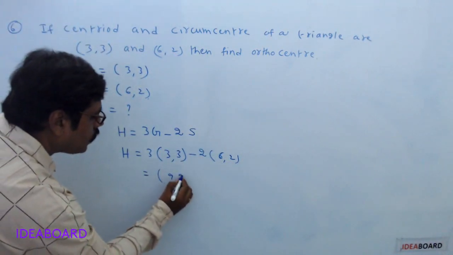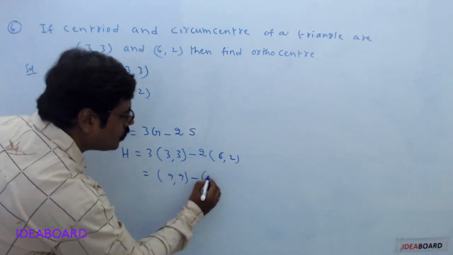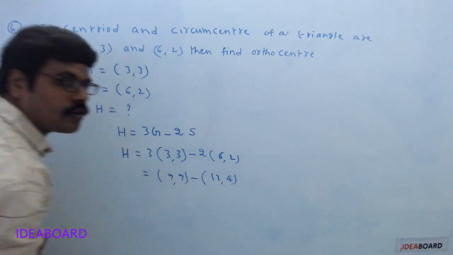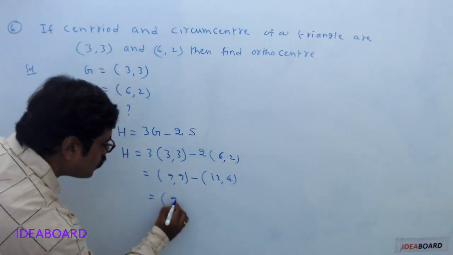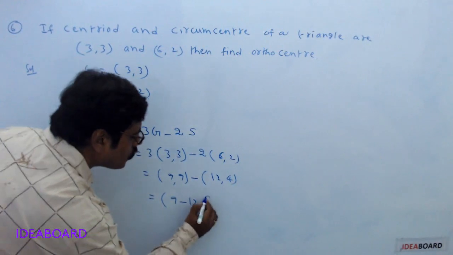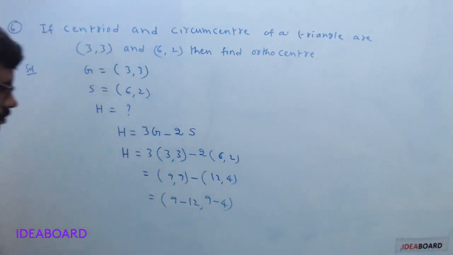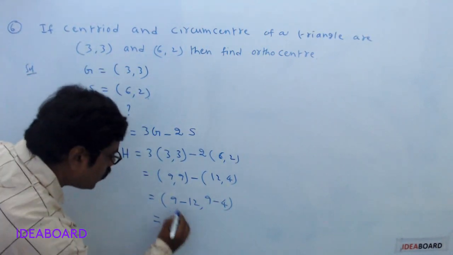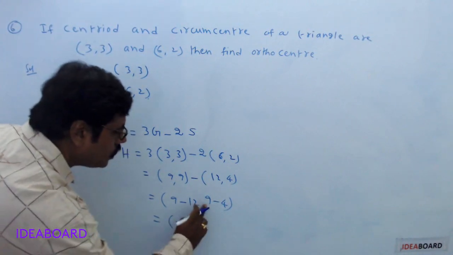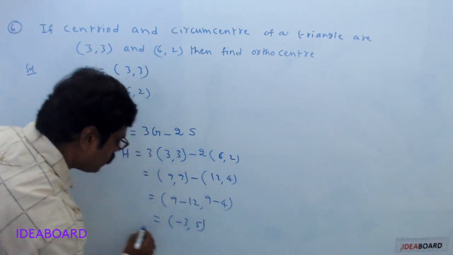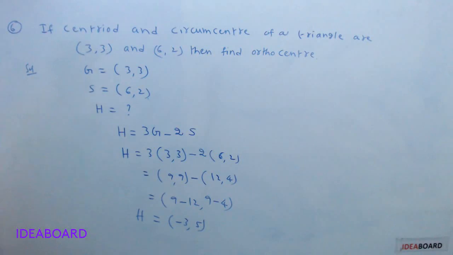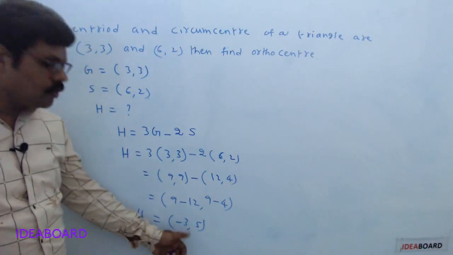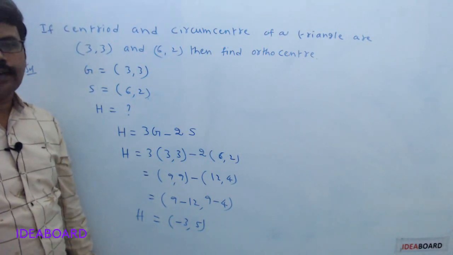Now this is (9, 9) minus (12, 4). Now this is (9 minus 12, 9 minus 4). So 9 minus 12 is minus 3, 9 minus 4 is 5. So therefore orthocenter H equals (minus 3, 5).